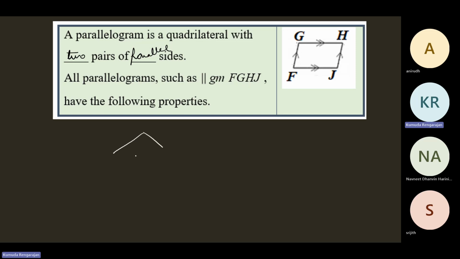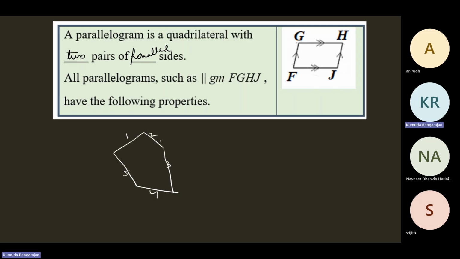Now tell me, is this a quadrilateral? No, ma'am. Why? Five sides. So how do you decide if a polygon is a quadrilateral? You just check the number of sides. You count 1, 2, 3, 4, 5.